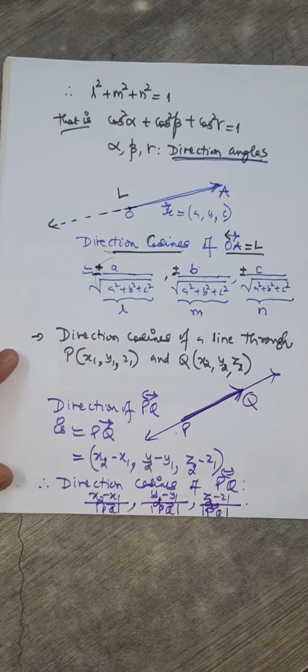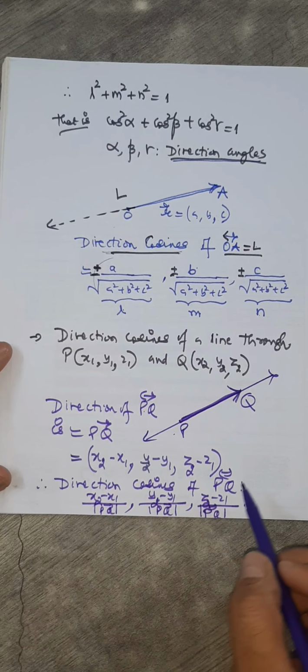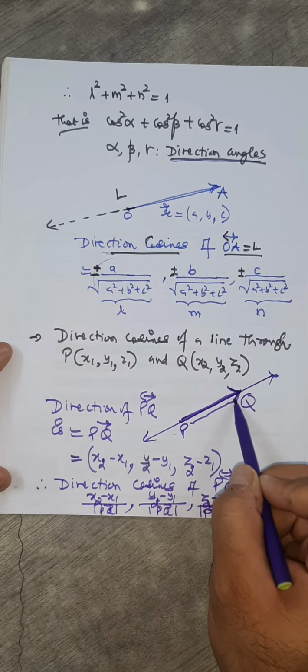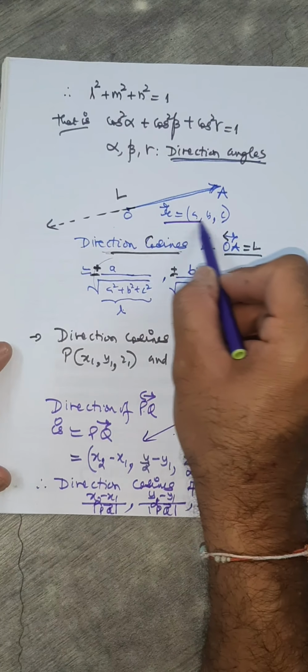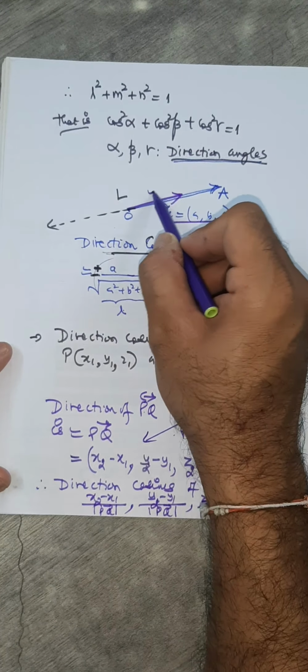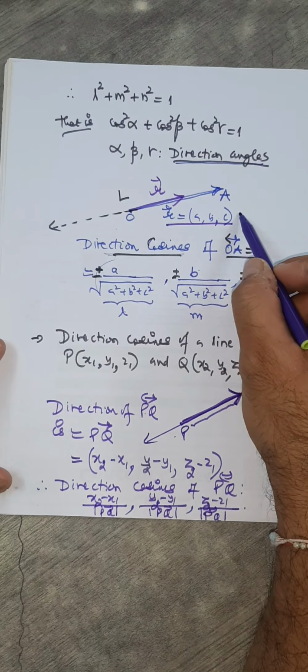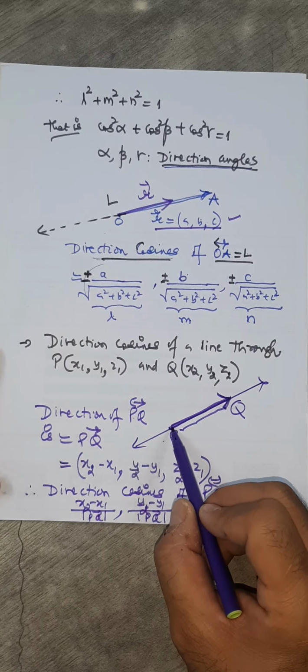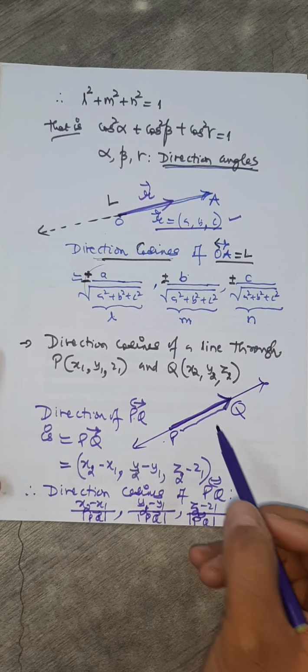Fine. This way we can define. It's like previous case only, but here the only extra thing you did is the direction of the line. The direction you were given, that is this, for example, vector r. There it was ready. Here it was not ready, so you got it by considering vector PQ.